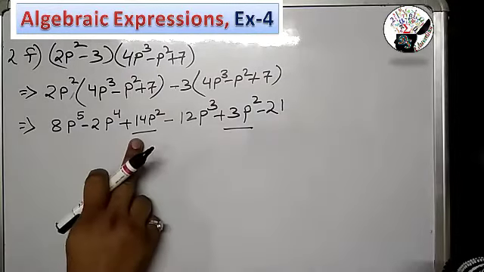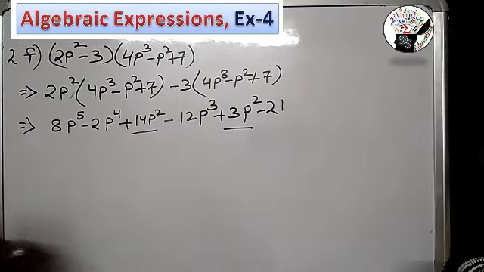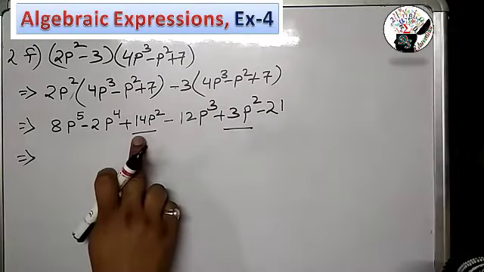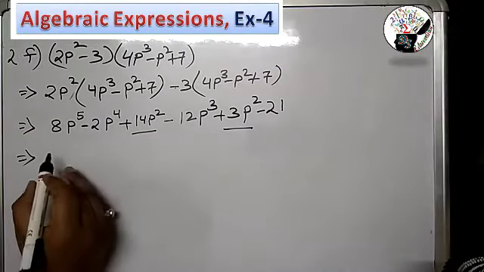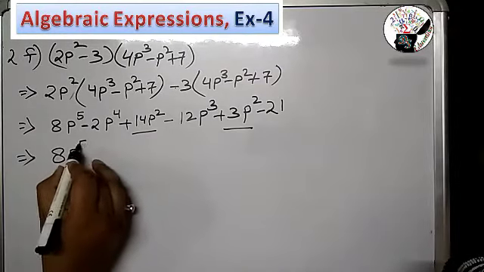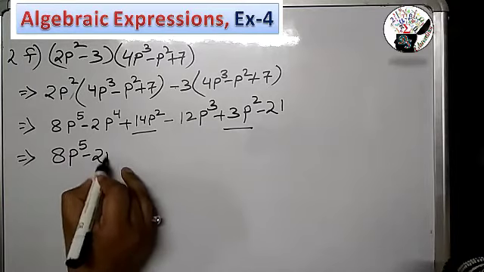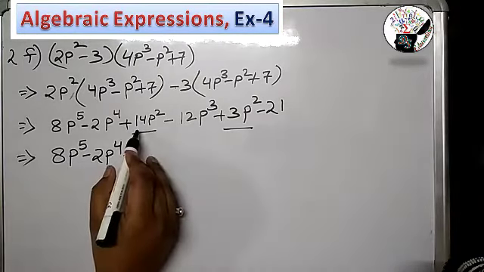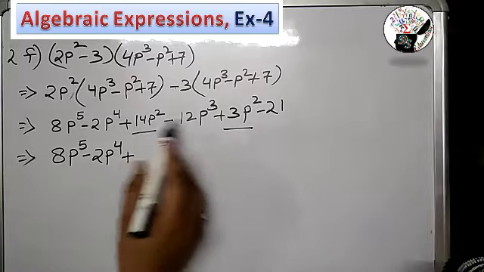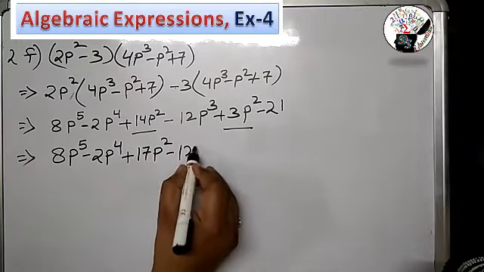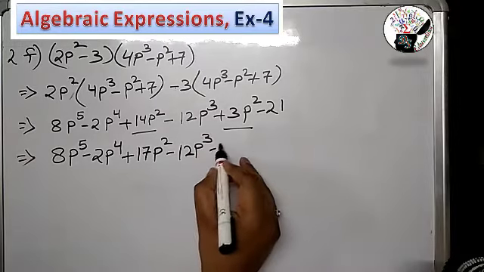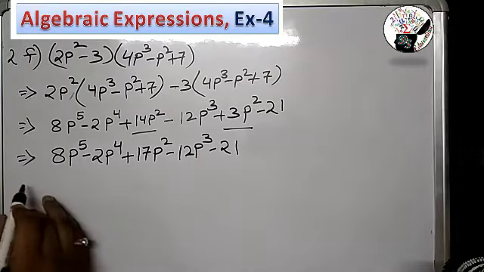So I found that 14p square and 3p square are like terms. 14p square is this and plus 3p square is this. So 8p to the power 5 minus 2p to the power 4, plus 14 plus 3, it is 17p square, minus 12p to the power 3 minus 21.